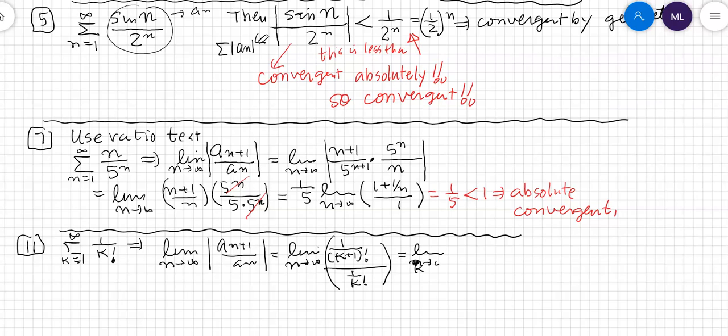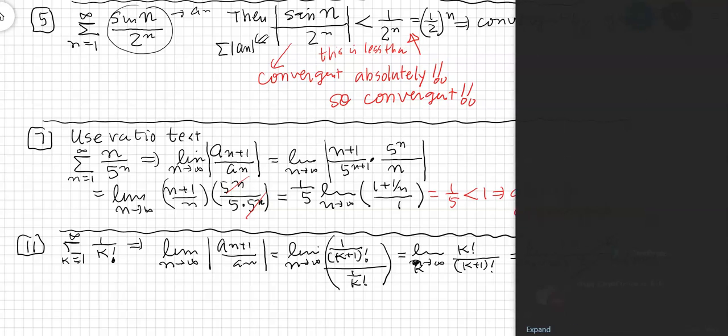As k goes to infinity, this is k factorial over k plus 1 factorial. This is 1 all the way to k, and we got one more, k plus 1.